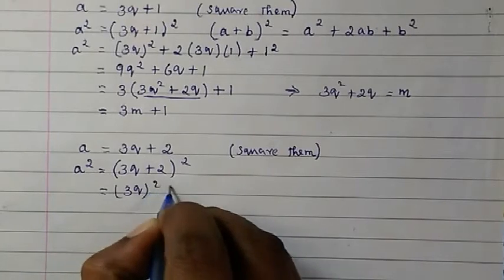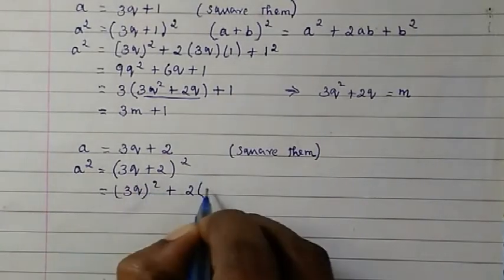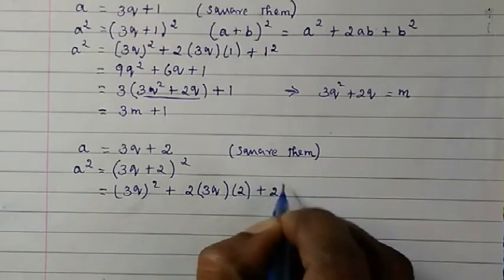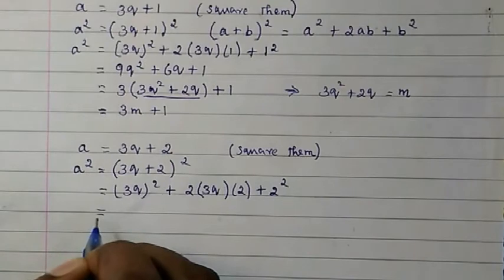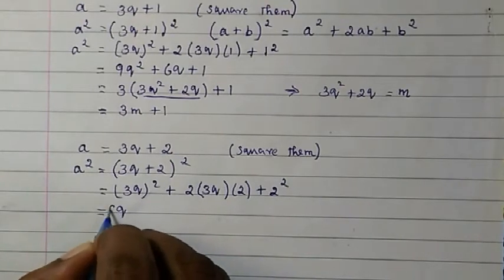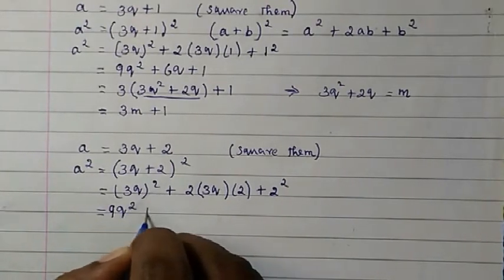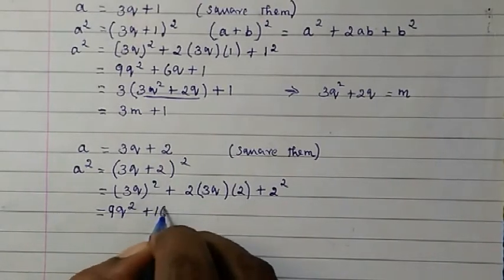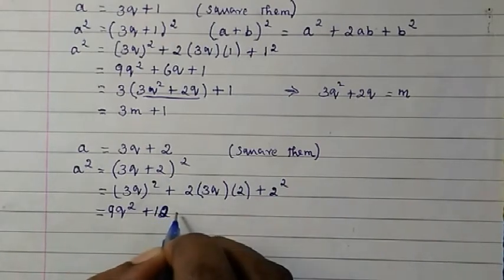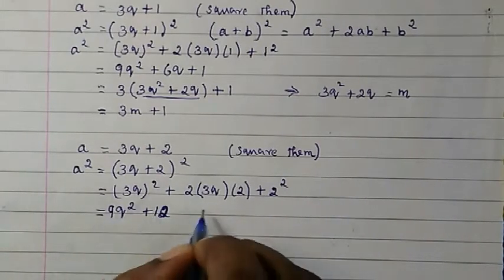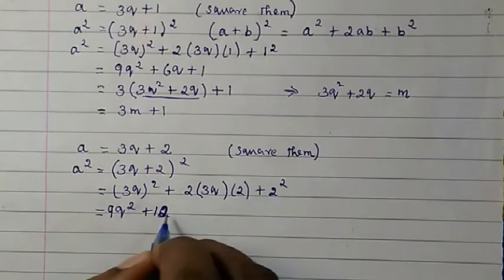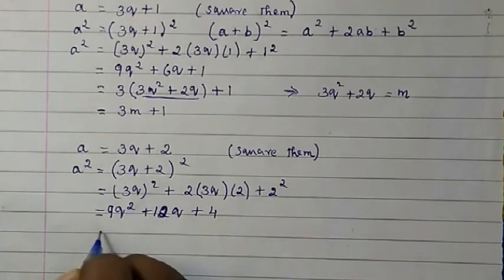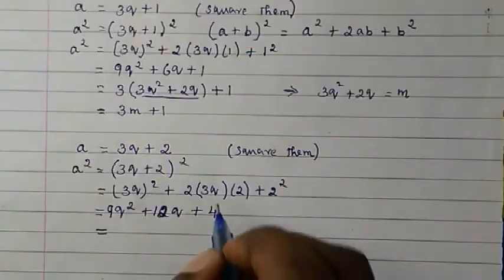That means 3q plus 2, a will be 3q, b is 2 and 2 square. So what we will get? 9q square plus 12q plus 2 square, which is 4.